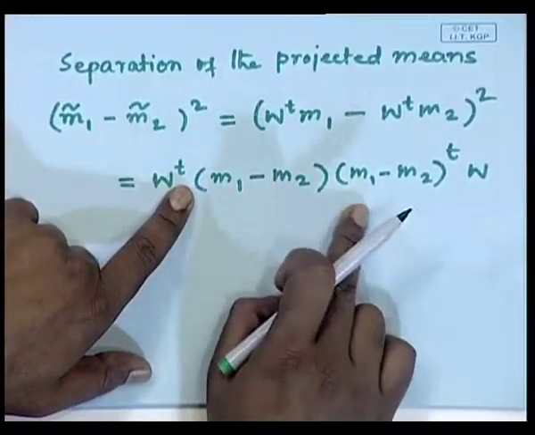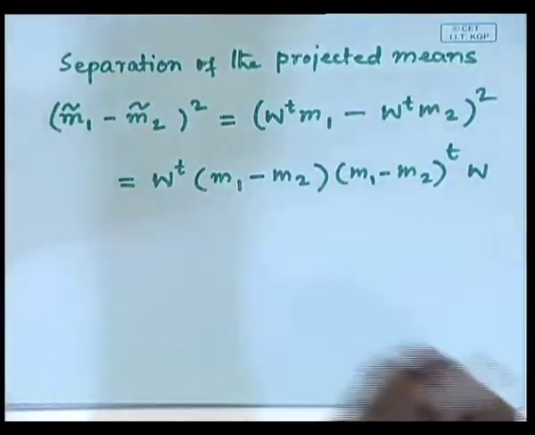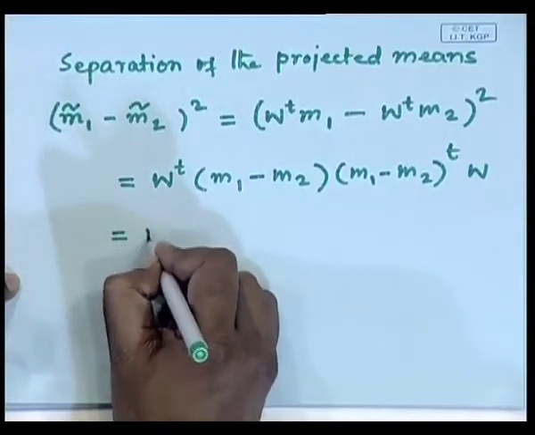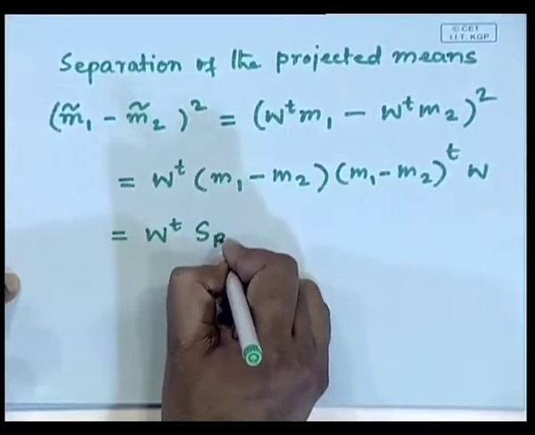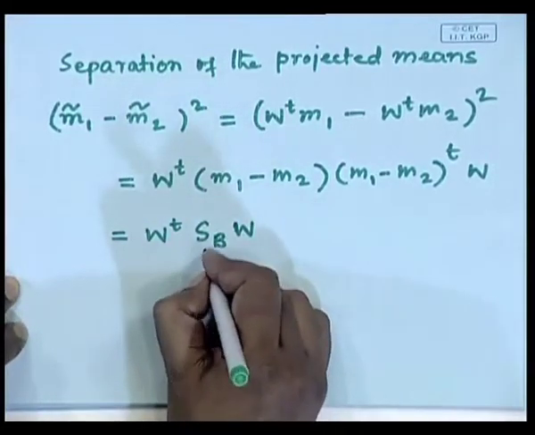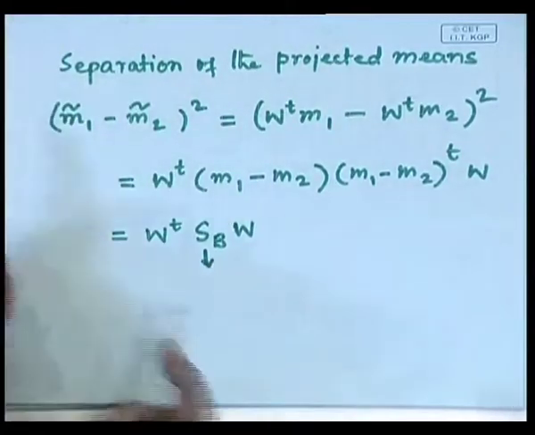And following the similar expression, this expression (m 1 minus m 2)(m 1 minus m 2) transpose tells you something like between class scatter. Okay. So, I can write this expression as W transpose S B W, where this S B we call the between class scatter.